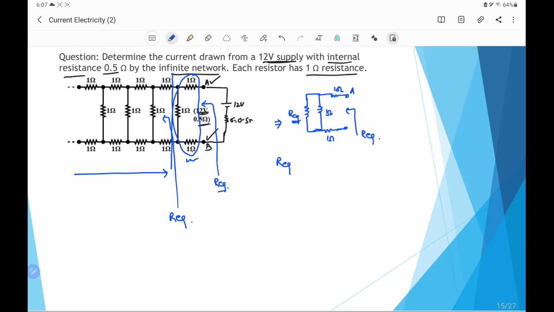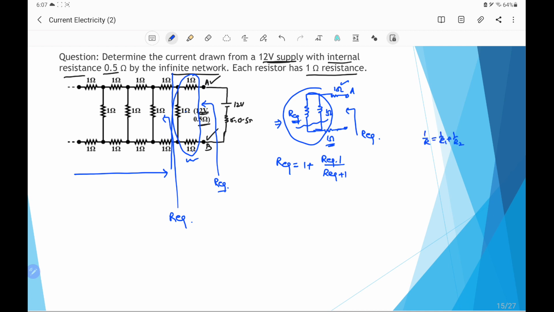This R equivalent between A and B will be equal to, now this is a resistor in series with this equivalent and then this 1 ohm. So we can write 1 plus, and the equivalent of this parallel combination will be R equivalent into 1 by R equivalent plus 1, because 1 by R equals 1 by R1 plus 1 by R2.